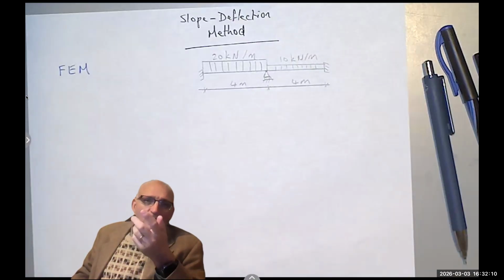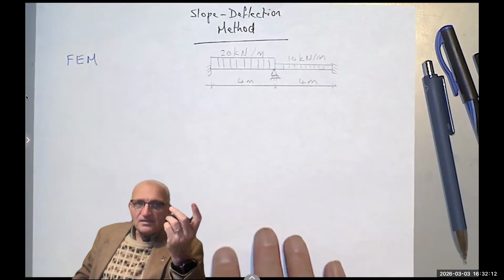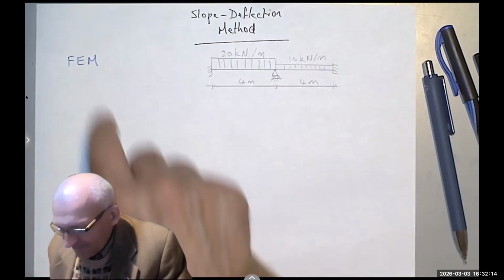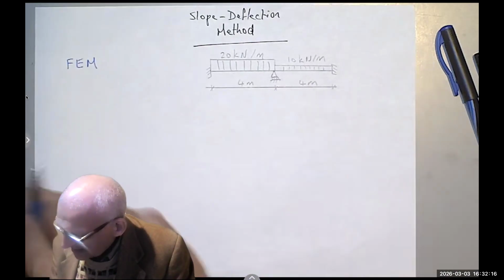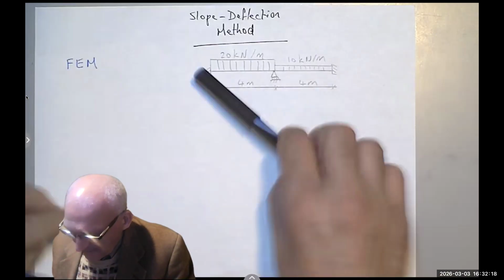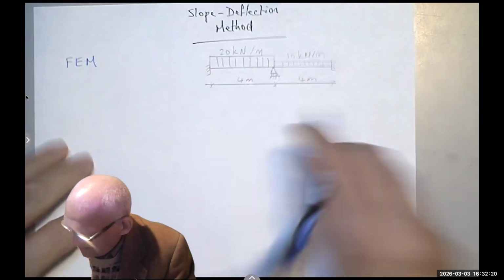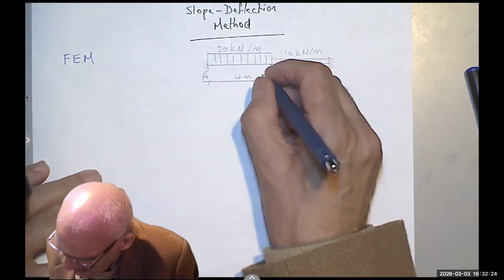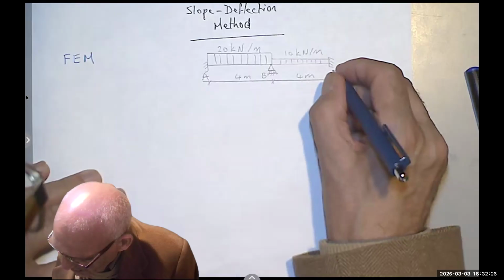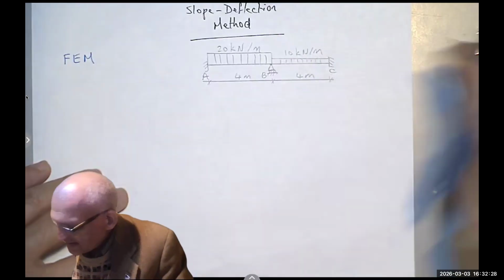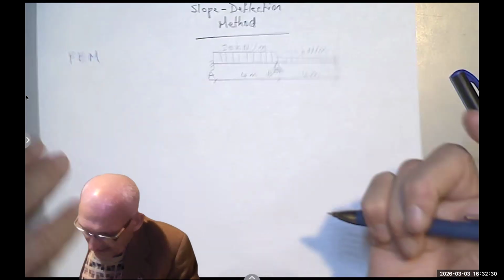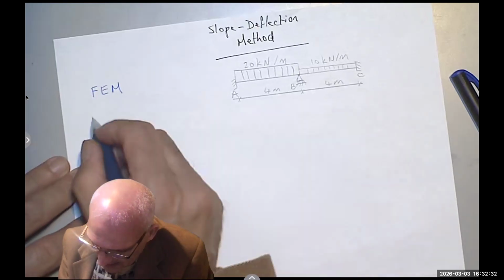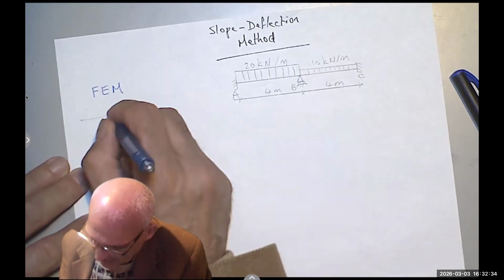We know, or you should be able to find in a table, the fixed end moment of a beam that is loaded with a distributed load, right? So basically, I have a beam, which is AB, and BC is the same thing.